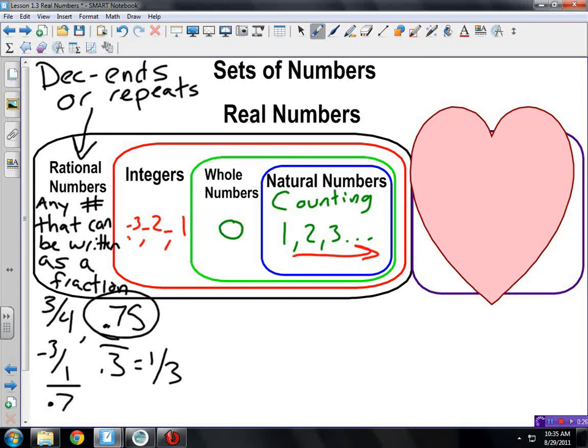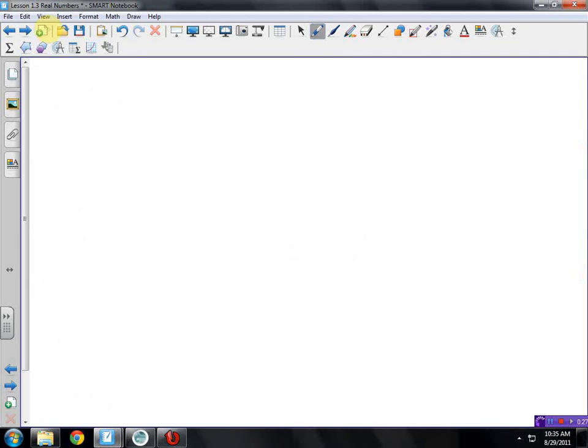0.7 repeating can be written as a fraction. Does anybody know what fraction? 7 over... Close, you're thinking there's a 7 in there. There is a 7, but 7 goes on top. The bottom is 9. Actually, there's a trick with these fractions here. I'm going to go forward a page and then I'll come back.